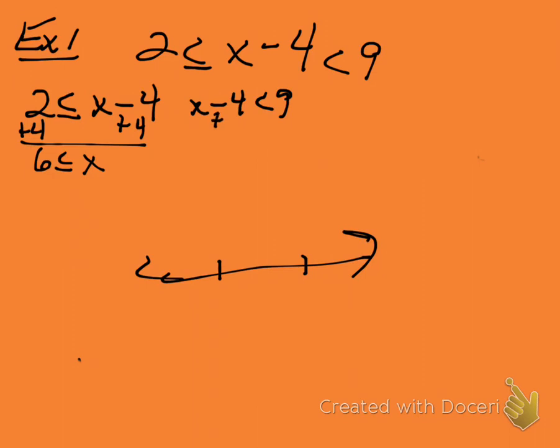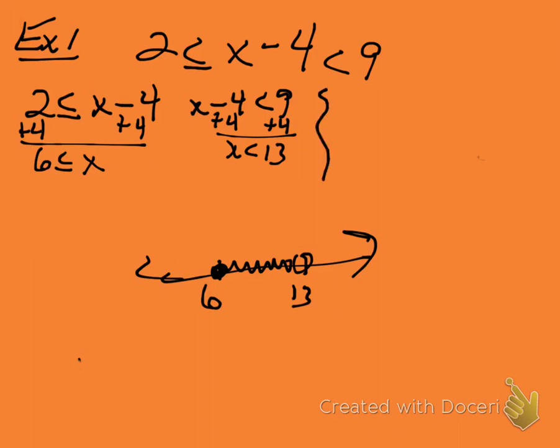And then over here, I'm going to add 4 to both sides, and I end up with x is less than 13. And so from that, I've got 13 here, and I've got 6 there. The 6 is "or equal to." And it's less than 13, so it's this way from the 13. And it's greater than 6, so it's to the right of 6, and it's right in there.